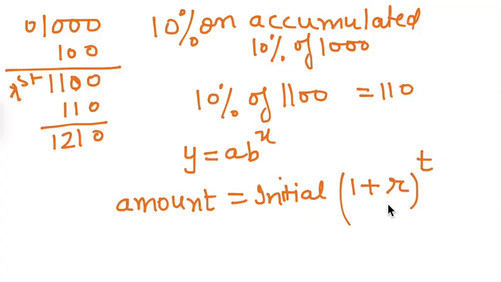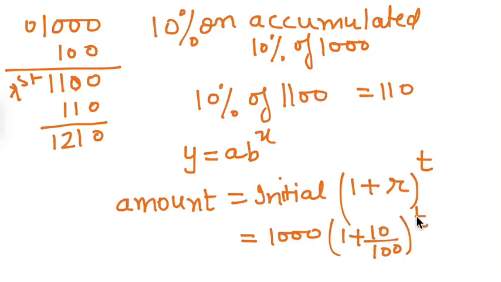That is the actual equation. Here the initial amount is 1,000 and it's 1 plus 10%. t is time, so it's the amount after t years.